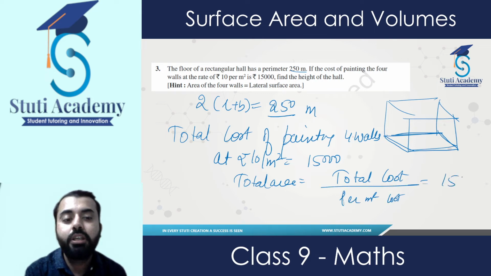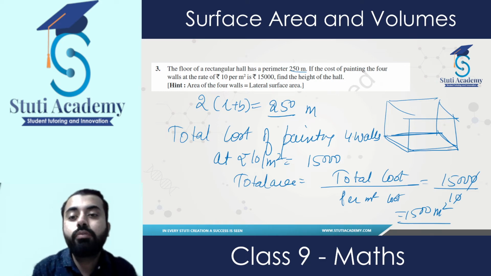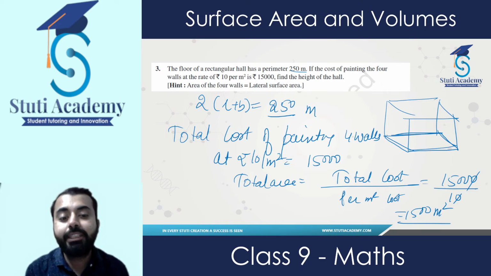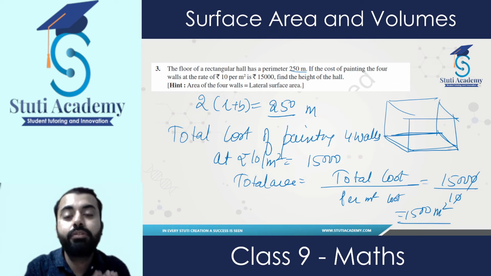So that means 15,000 divided by 10. So the total area of 4 walls which was to be painted is 1500 meter square.